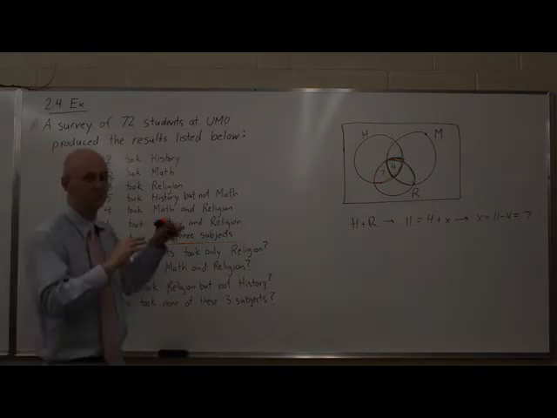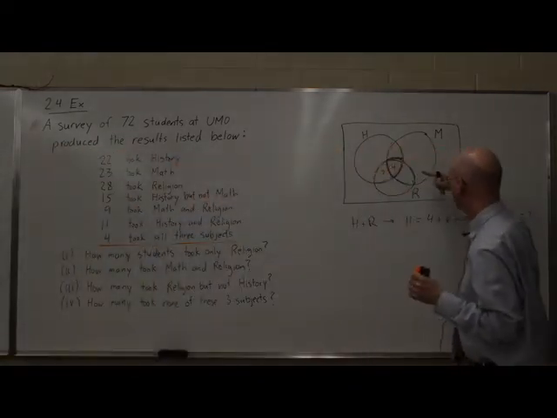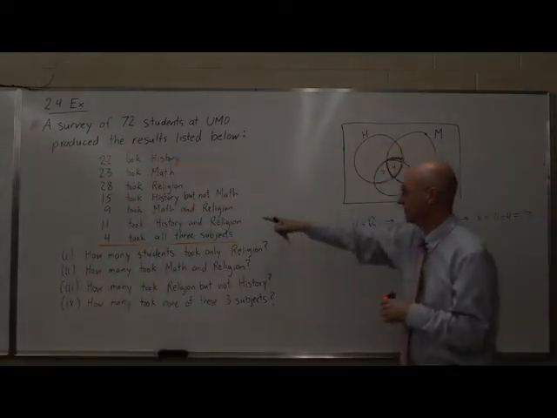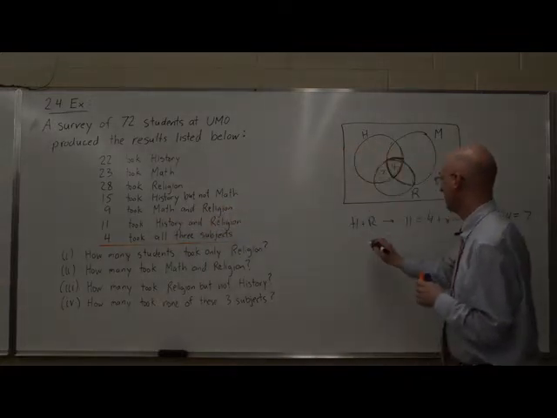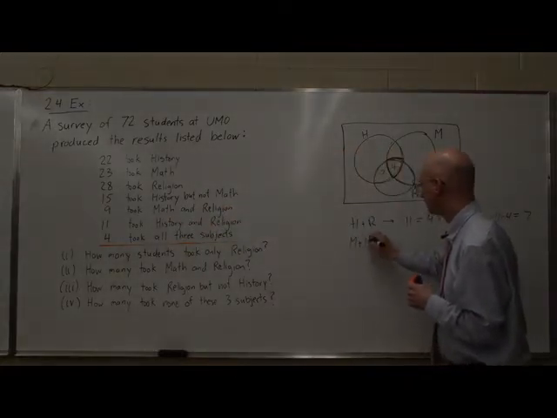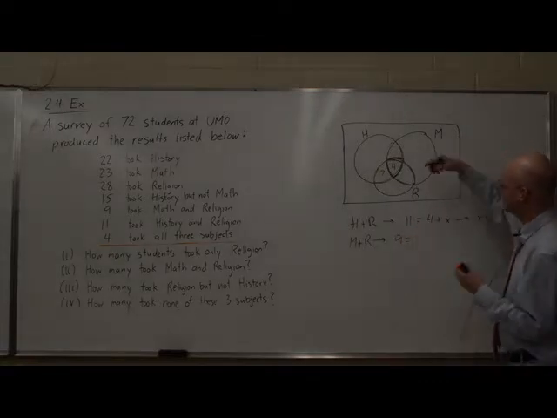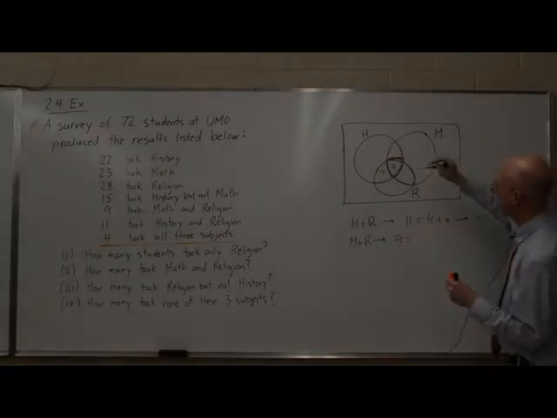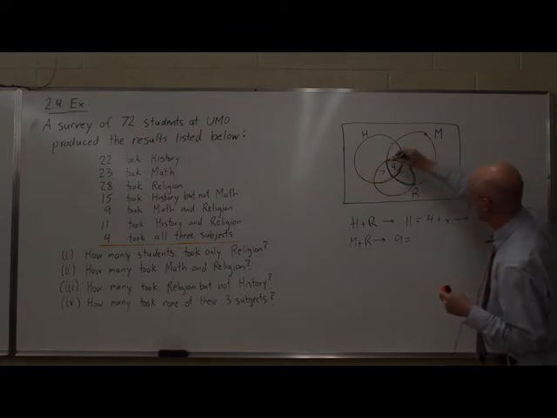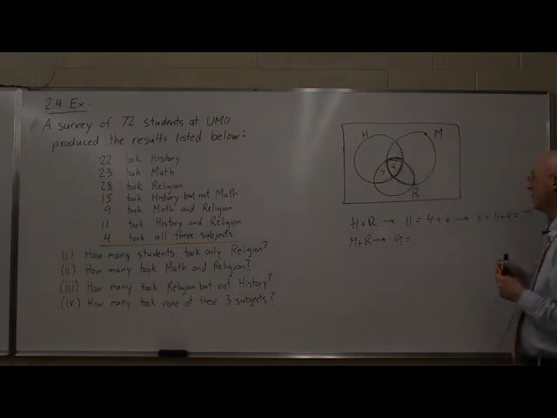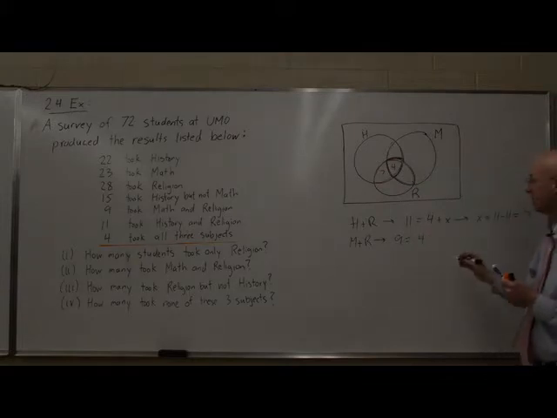So I'm going to do a very similar thing with the petal involving math and religion. We're told that there are 9 students that took both math and religion. So that will lead us with 9 equals. Notice again, there is a petal here involving math and religion, and we can see that we've already got 4 students taken into account. But this part is unknown, so we'll call that x.